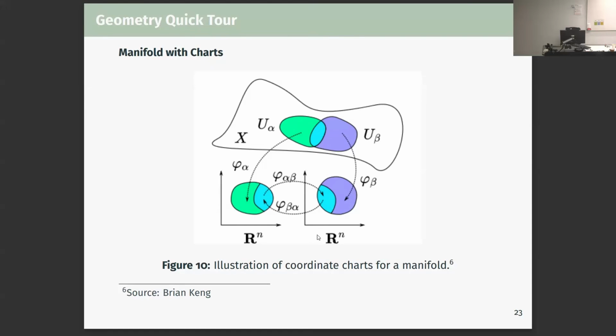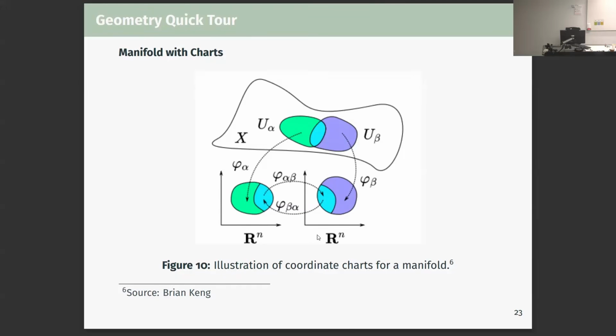It provides a way of getting from nice, friendly, easy space Rn to a wildly weird manifold, and then back down again. So this illustrates another thing about manifolds, which is that they're locally Euclidean.